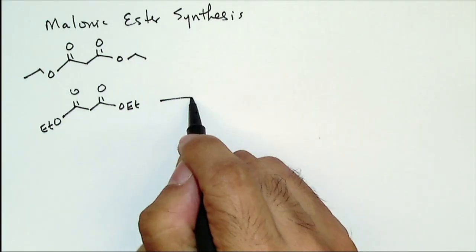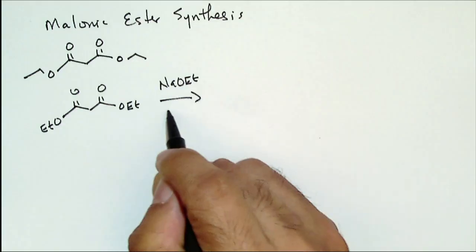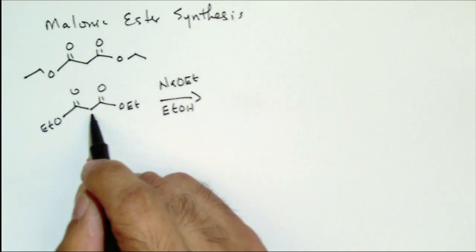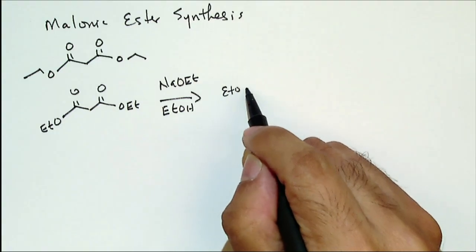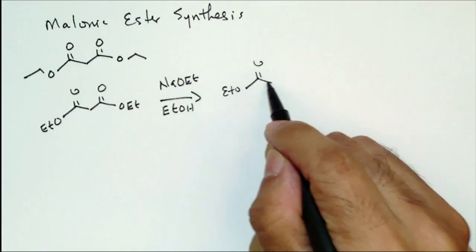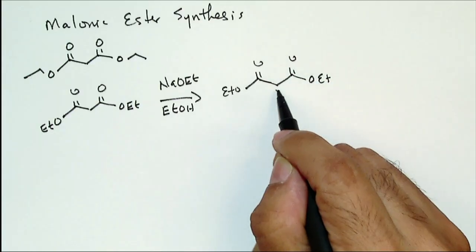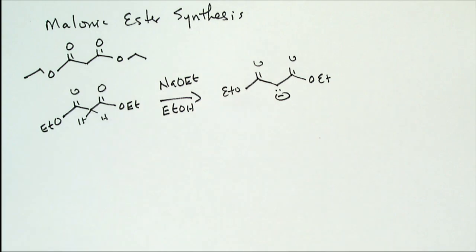All right. If I take this molecule and treat this with a base like sodium ethoxide, with ethanol as the solvent, this alpha position in between the two is going to be deprotonated. So what is it that I'm actually going to get in this situation? Well, I'm going to get that, because keep in mind there are two protons here, so you can take off one proton there.